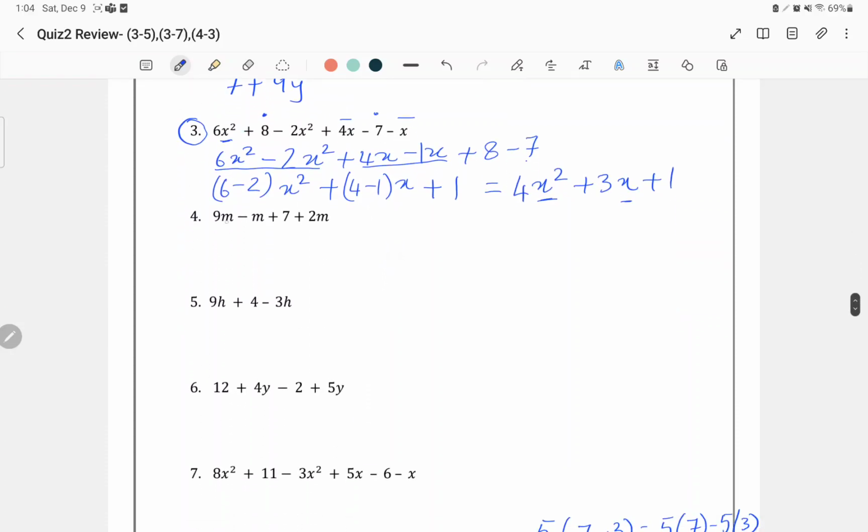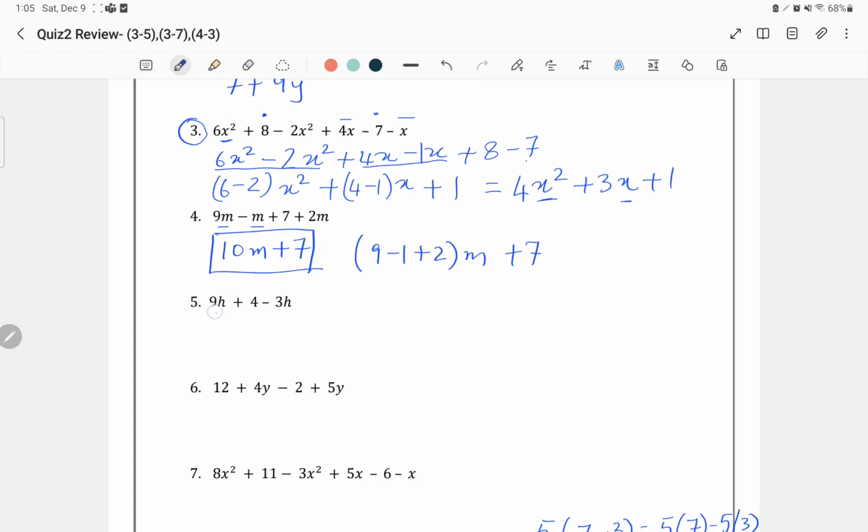Now here you have 9m minus m is 8m. 8m plus 2 is 10m plus 7. If you want, I'll just write the step for you: 9 minus 1 plus 2m, plus 7. So 9 minus 1 is 8 plus 2 is 10m plus 7. That's my answer.